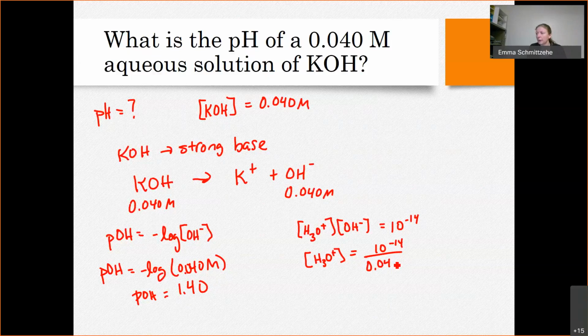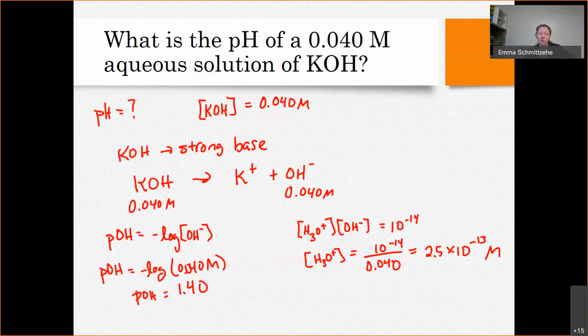Okay, and so that's my hydroxide, and that gives me my hydronium. So 10 to the negative 14th divided by 0.040, and that should give you 2.5 times 10 to the negative 13th molar. Okay.